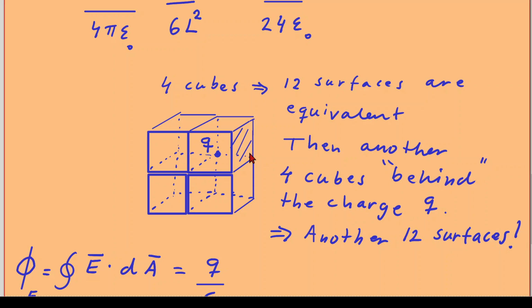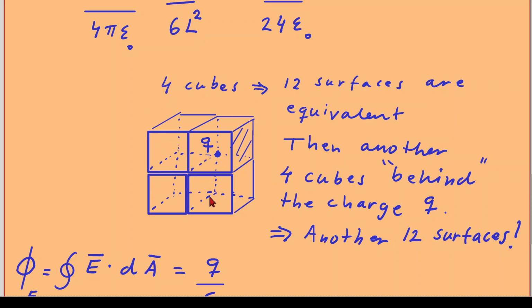But by symmetry, that is the same as the flow through this surface actually, or that surface, or that surface, all the surfaces you see here would be the same flow. And how many surfaces do we have? 1, 2, 3, 4, 5, 6, 7, 8, going around like that.